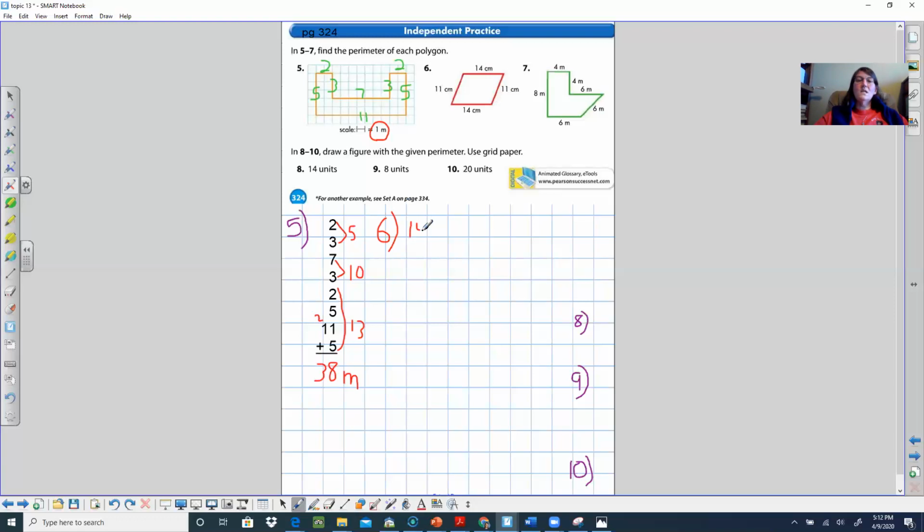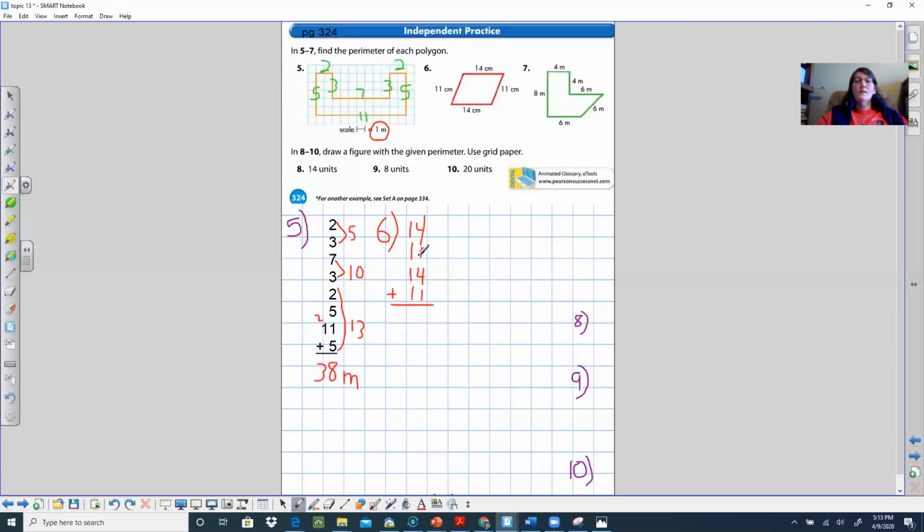So we have 14, we have 11, and hopefully your handwriting is better than mine. 14 and 11. And let's see if you are quicker and neater than I am using my finger on the touchpad.